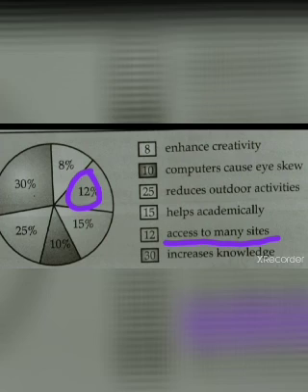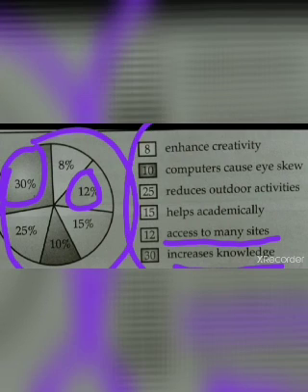So avoid that, and you can stick to what you are asked to do. That is better. Okay, next one. 30% of students, when they use computers, it increases knowledge. So these are the data given here in the pie chart, as well as here as detail.